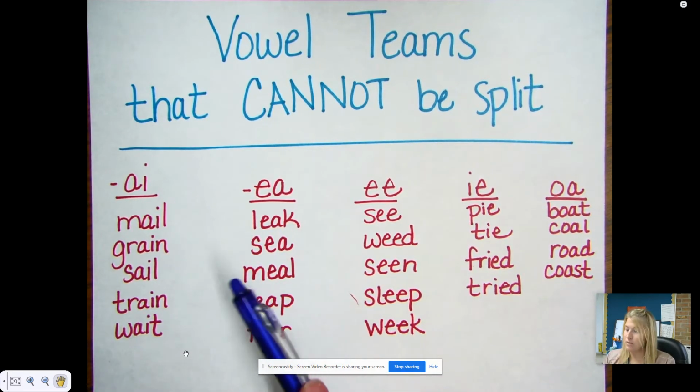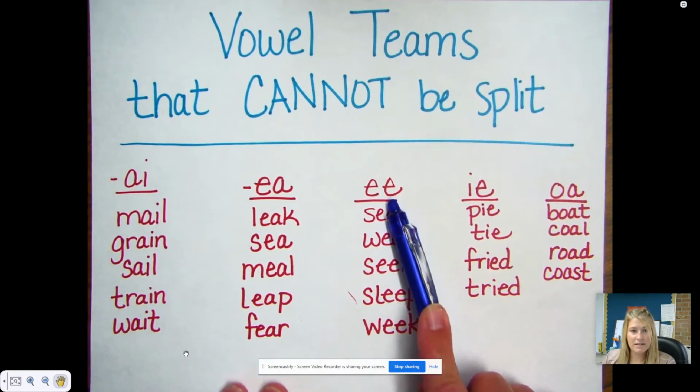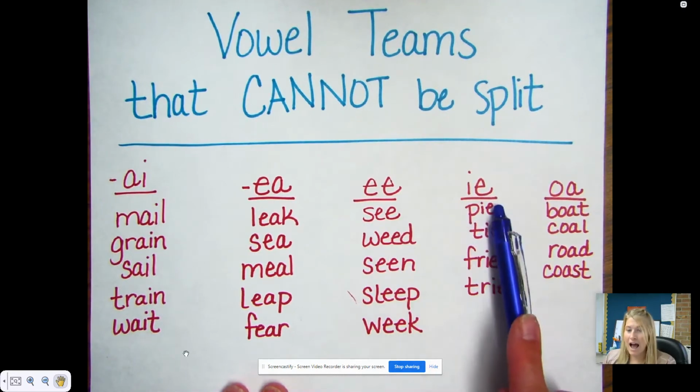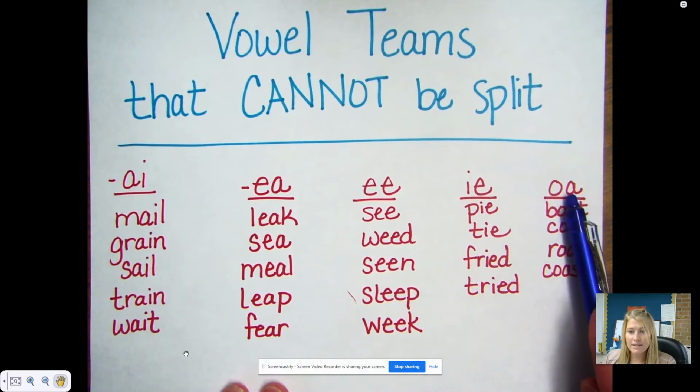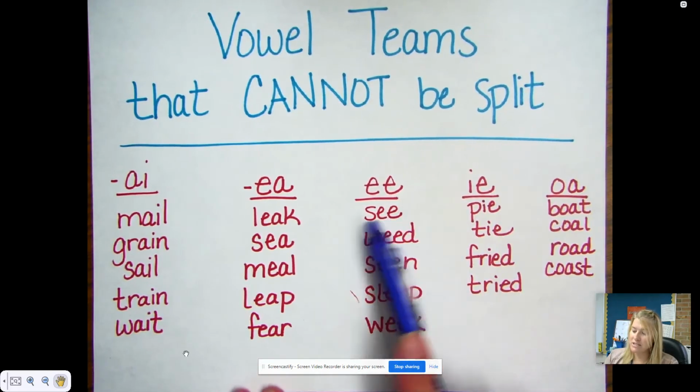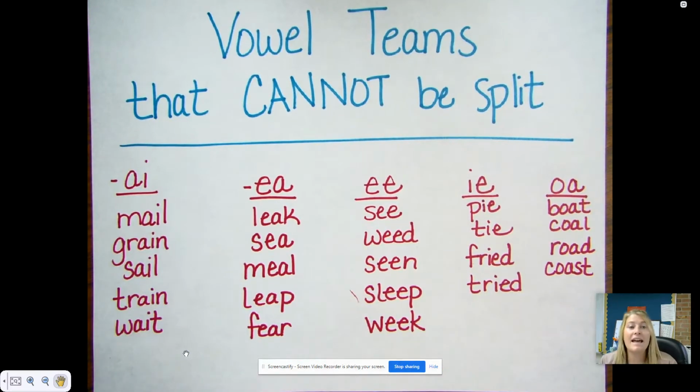They make one vowel sound. The two E's, the IE, that long I sound, the OA sound. So you guys, when you see these vowel teams, they cannot be split up. We're going to be working with words today where those two vowels will be split because each vowel has its own sound.